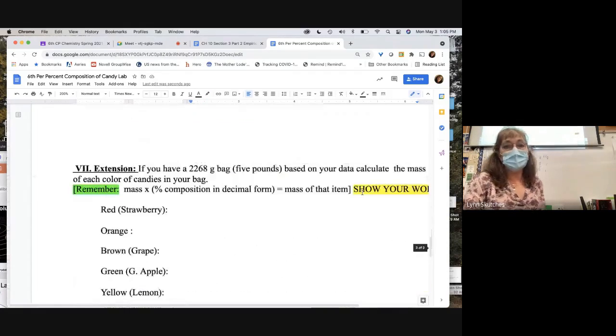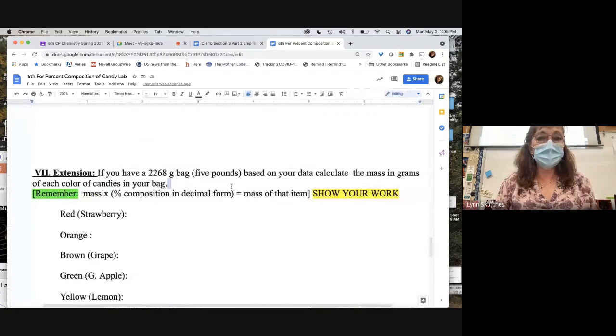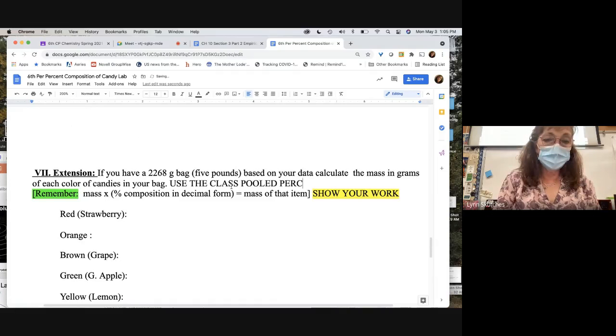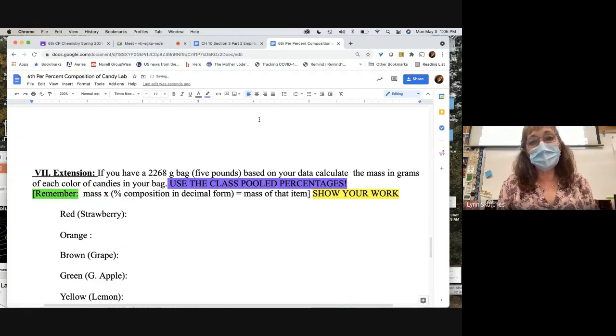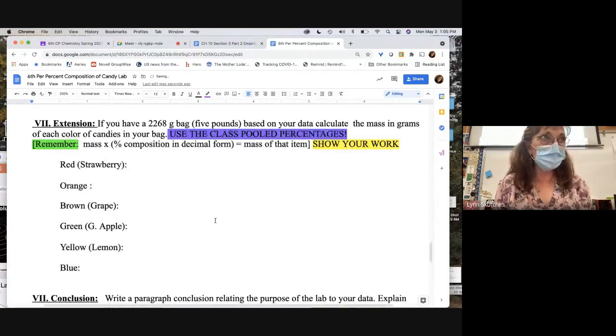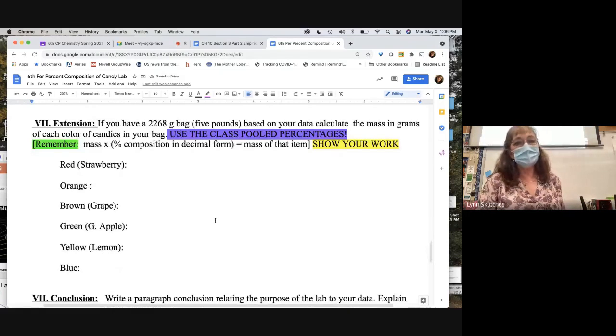Okay. So right here in part 7, I want you to use the class pooled percentages for your calculations. If we use the manufacturer's values of 20%, all the answers would be the same. Be kind of silly.